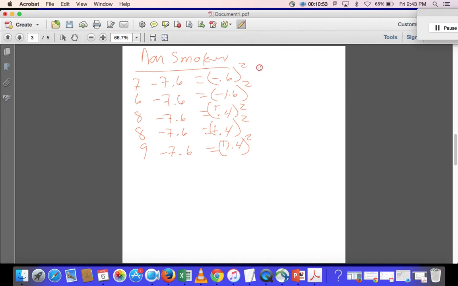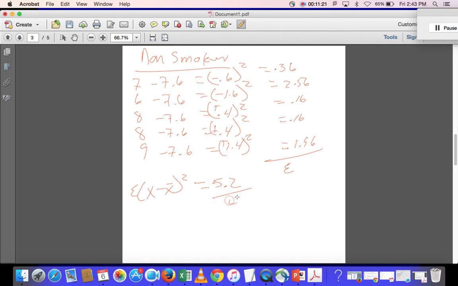Once I square my values, this should be equal to 0.36, 2.56, 0.16, 0.16, and last 1.96. We're going to have the sum of those values. So in this case, the sum of my squared scores is going to equal a value of 5.2.